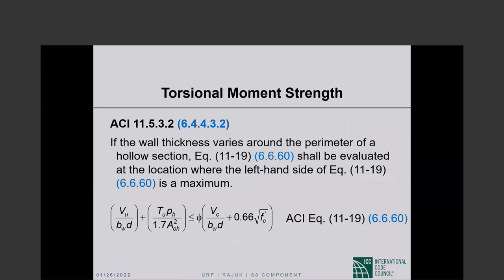Okay, we are still on this limit, analogous to h square root of f sub c prime. If the wall thickness varies around the perimeter of a hollow section, actual hollow section, then this equation, this limitation, shall be evaluated at the location where the left-hand side is a maximum.